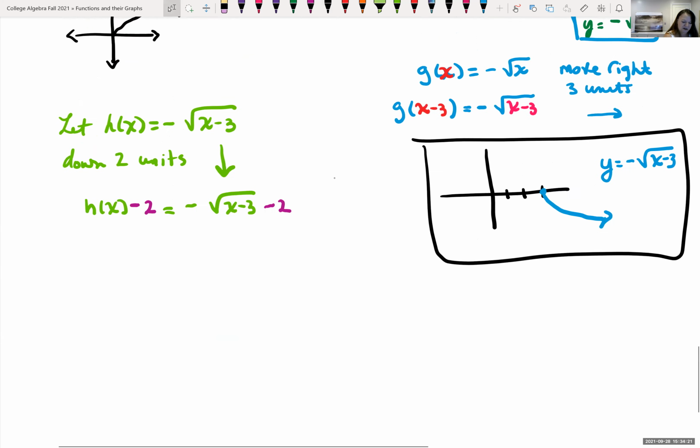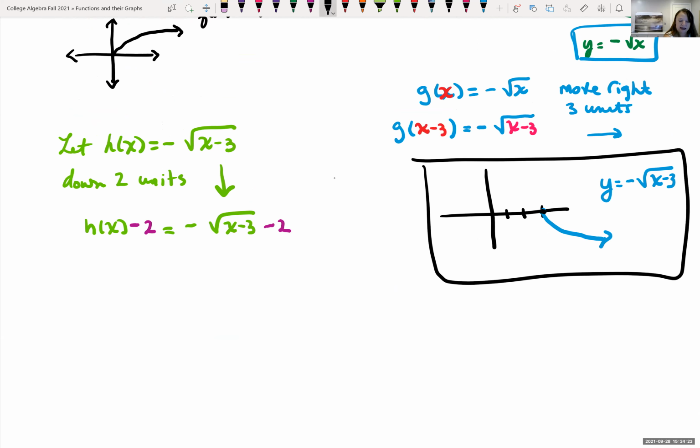And so the starting point that was at 3, 0 is now going to be at 3, negative 2. So it looks like this.